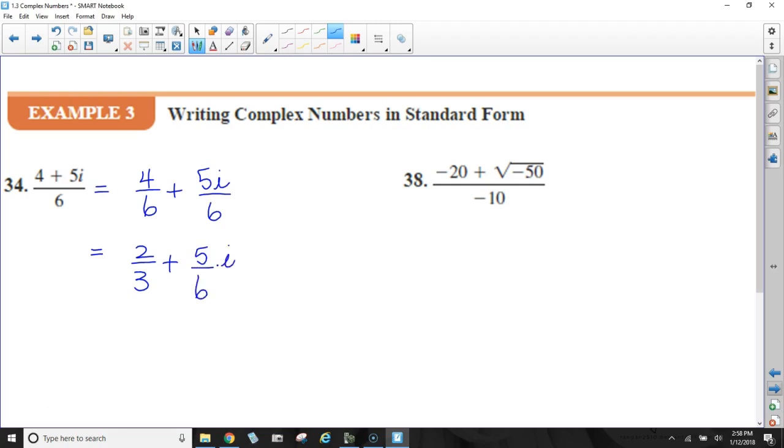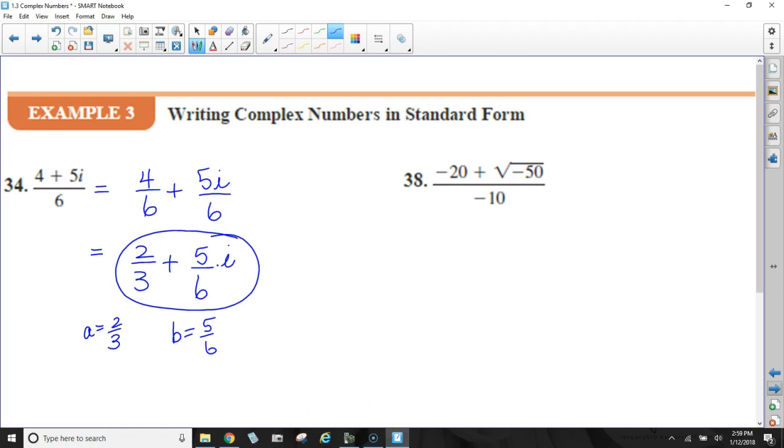You don't really have to write the dot there, but I did. So this is now in standard form, a plus bi, where the a is 2/3 and the imaginary part, the b, is 5/6.